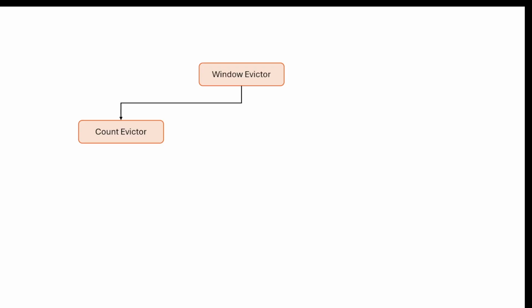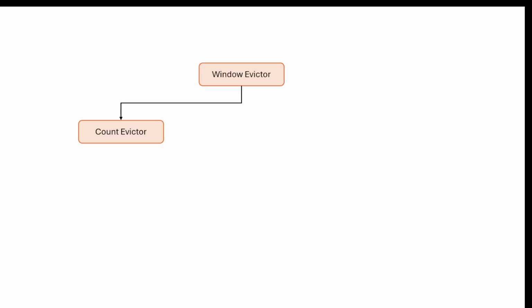And now we also have an evictor, which was part of the operator pattern. We will have different kinds of evictors. An evictor is something which removes elements from a window after the trigger fires. It may happen before or after the window function is applied.